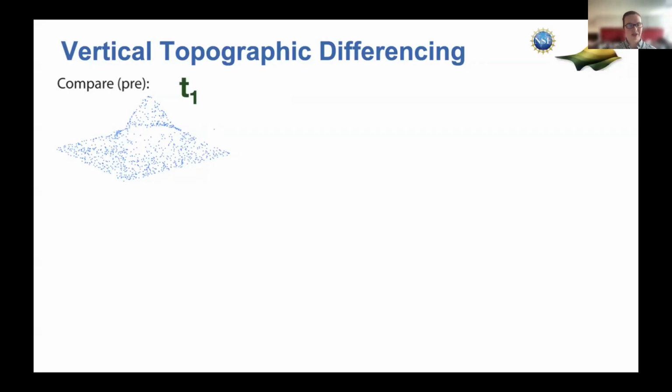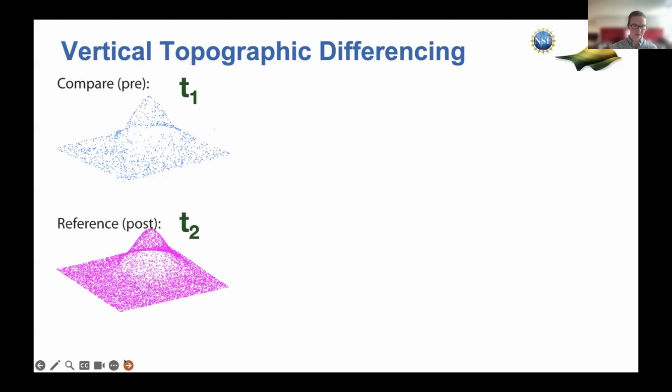So to do differencing, we begin with the point cloud from the earlier data set. We can see there in all those blue points. And then we have a point cloud from the second time or the post-event data set. In the literature, these can be called the compare and the reference.